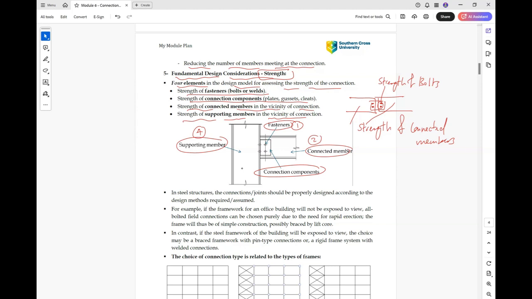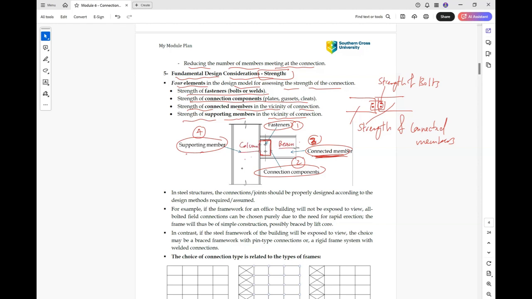So this is number 2, and actually this is number 3. So we have the connection components, which is the plate here. This is the plate that connects the rafter to the column. We have the connected member, which is the beam, and we have the supporting member, which is the column. So this is our column, this is our beam.